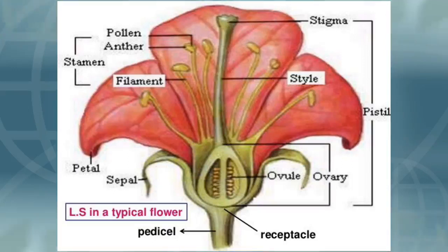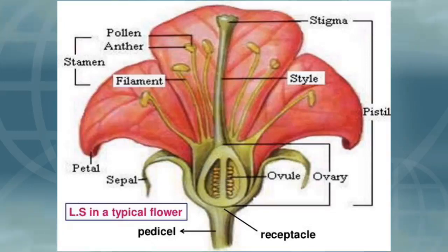First you are seeing stamen. Stamens are the male reproductive parts and pistil is the female reproductive part. Stamens are the male reproductive parts of a flower.